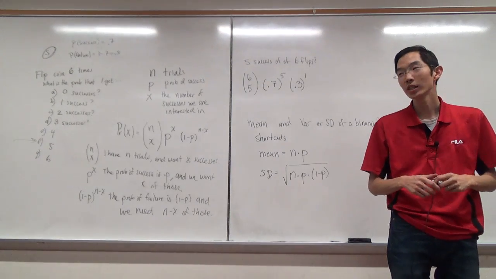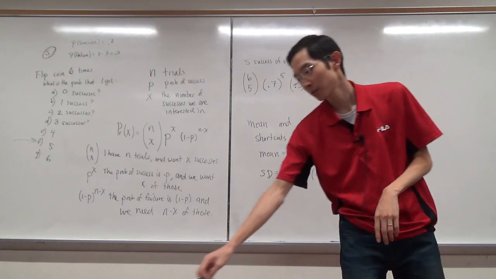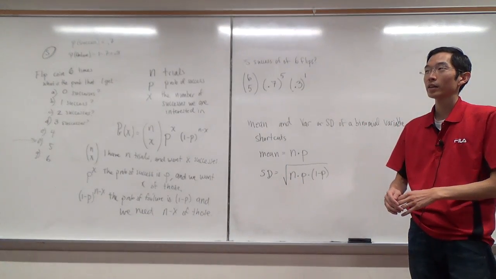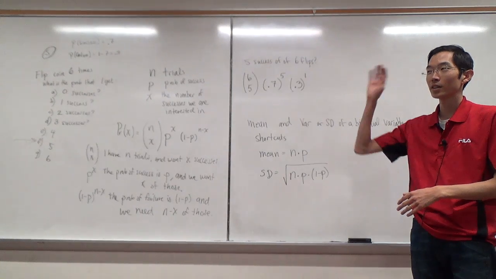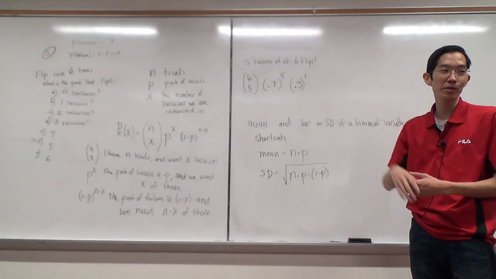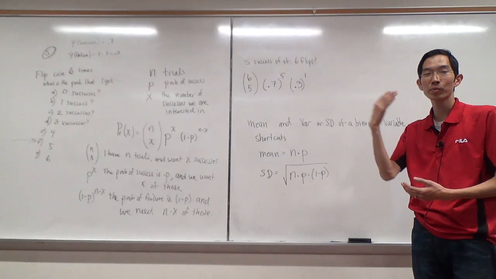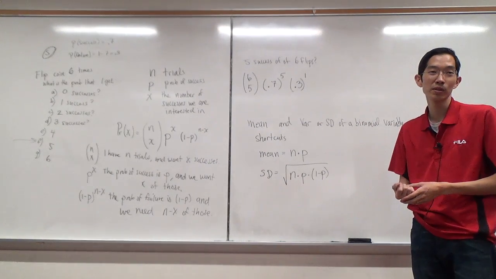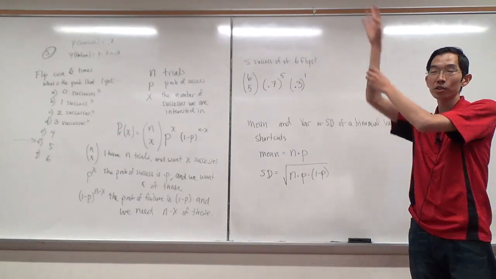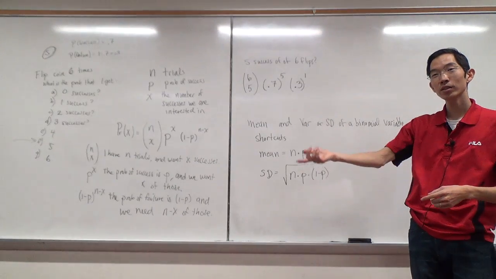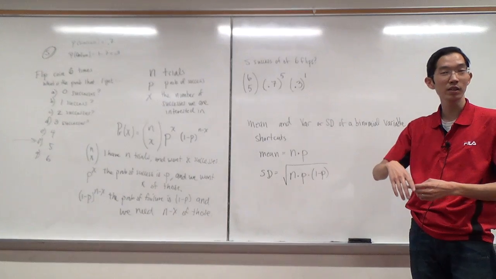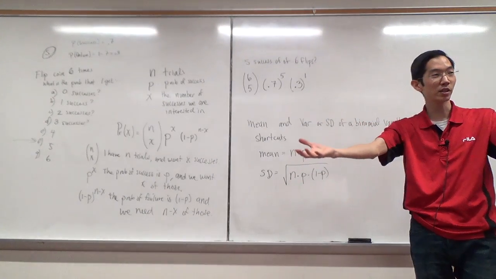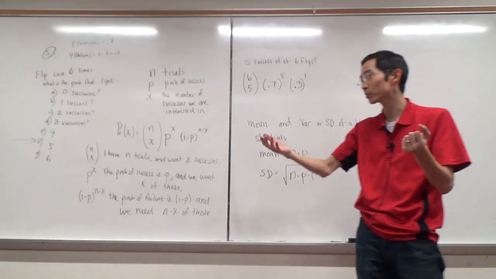It could be we're looking at a basketball player, and we ask if he takes 10 free throws during a basketball game, what's the probability he makes exactly 8 out of 10 free throws? Okay? Every time he takes a shot, it either goes in or it doesn't. So there's only 2 possible outcomes.